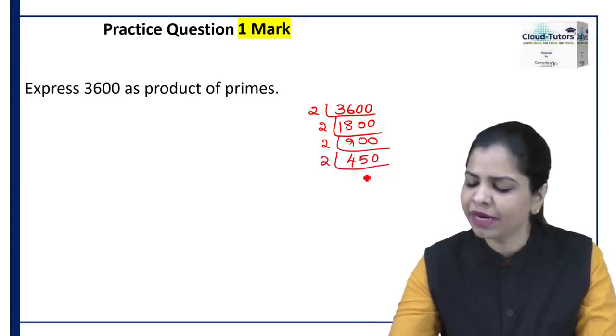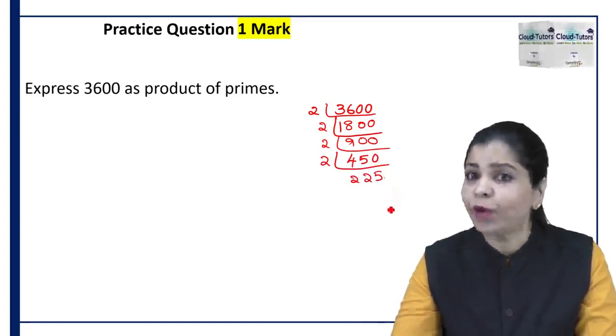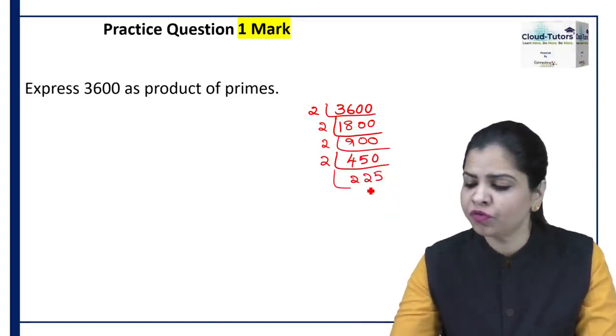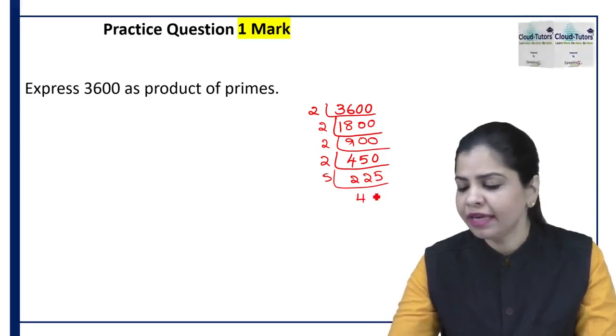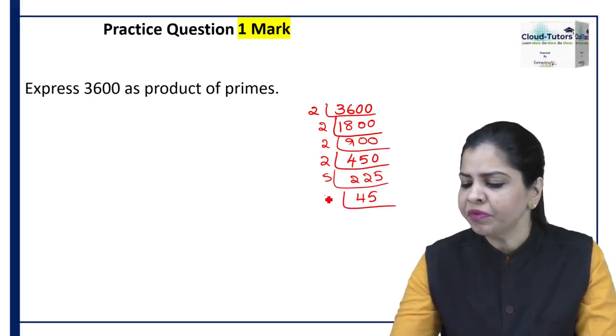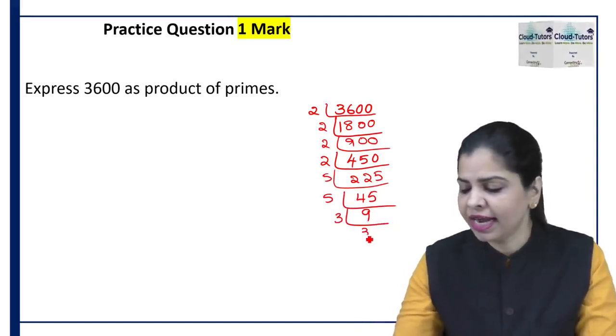Again prime 2, 225. Now it is ending in 5, so I have to go for 5. Then it would be 5 fours are 20, 45. 5 and 9. Now it is 9, so it would be 3 and 3.